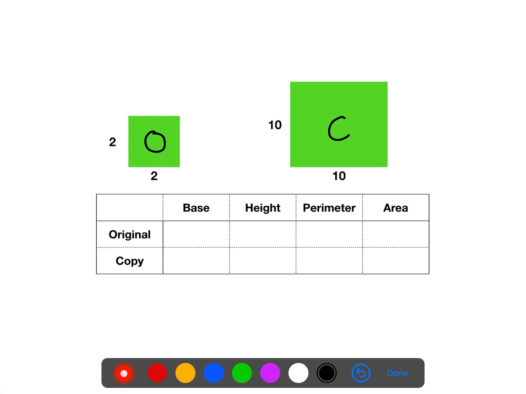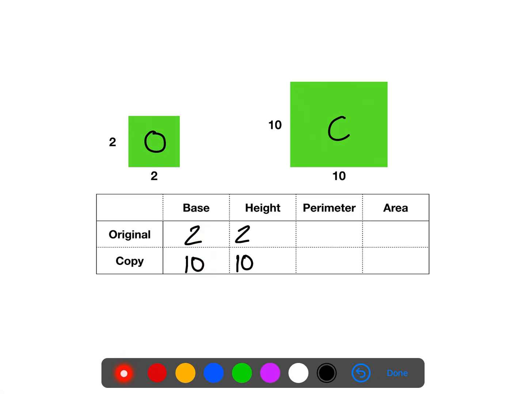The base of our original is 2. The base of our copy is 10. And the height is going to be the same because all sides of a square have to be the same measurement. So this should be easy to find the scale factor. So I'm looking for what will turn a side of 2 into a side of 10.